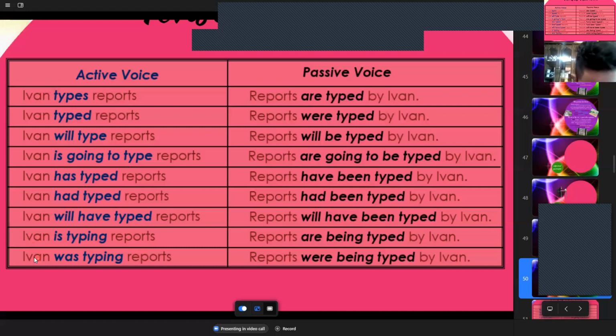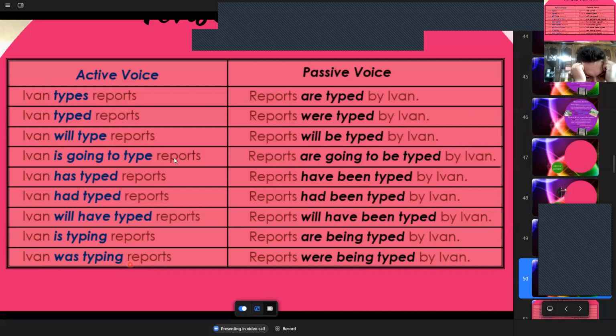Now, the next one, what is this? Ivan was typing reports. ¿Qué estructura es esta? Si esta era presente progresivo, ¿cuál es la otra? Past progressive. Estaba escribiendo. Past progressive.